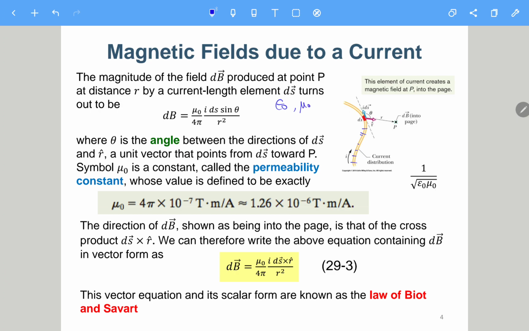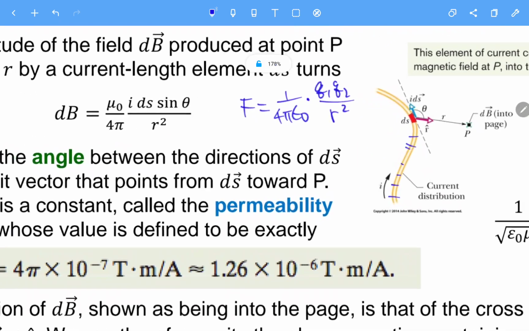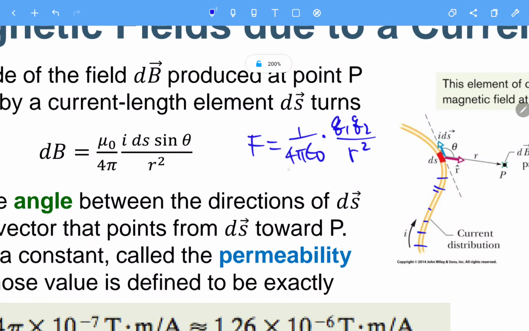Okay, so comparing with Coulomb's force, Coulomb's force is F equals 1 over 4 pi epsilon naught times Q1 Q2 over R squared. So you can see they look somehow alike. We have 1 over 4 pi.